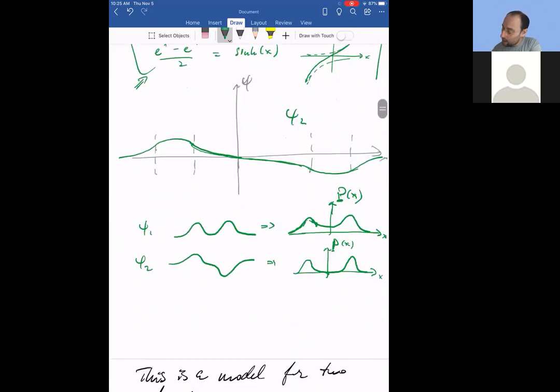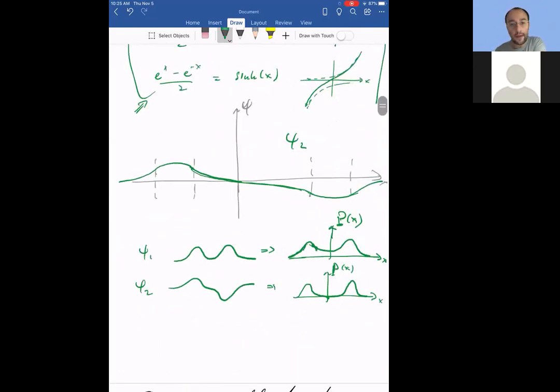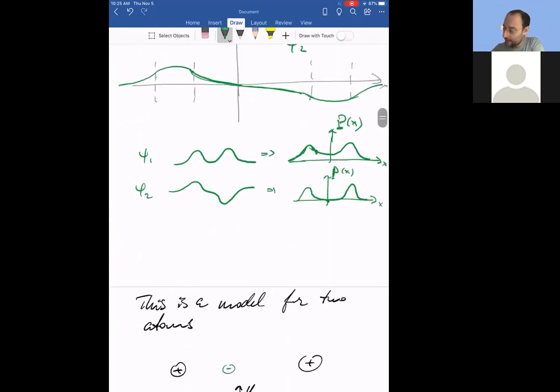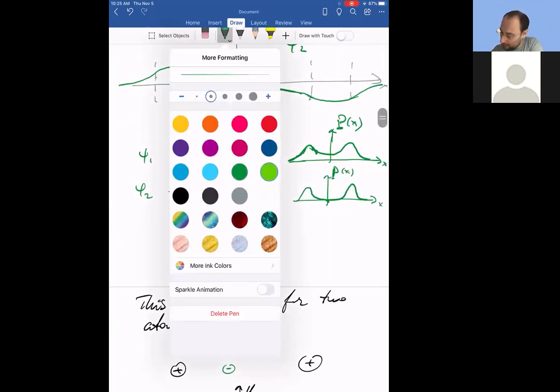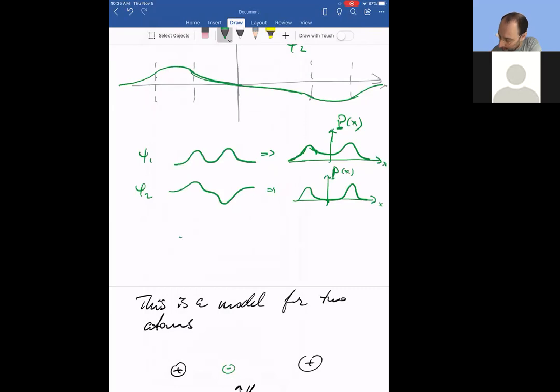So let's go back to the model. So you have two candidate wave functions. The next candidate wave function would probably be something like this, and then maybe something like this, and then the other one would be something like this, right? The next higher line, right? So psi 3, psi 4.